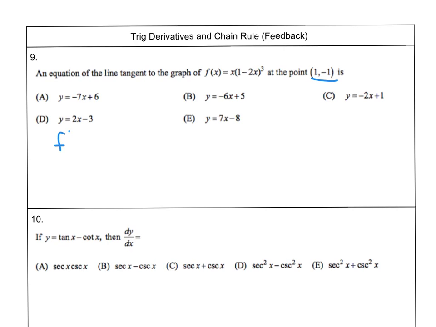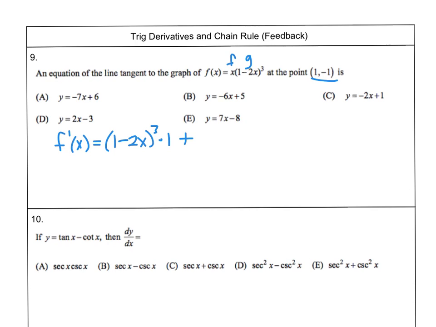So f prime of x, this is a product rule. That's f and that's g. So that's going to be the second times the derivative of the first is the way that we talk about it. 1 minus 2x cubed multiplied by the derivative of the first, which is 1.